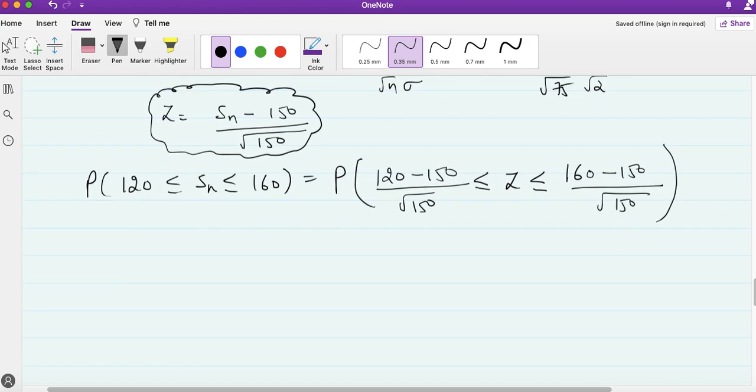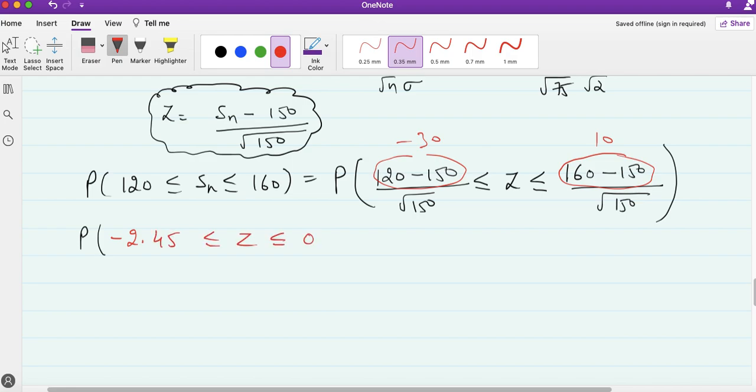When we simplify, 120 minus 150 will be minus 30, divided by root 150, and the other value will be 10 divided by root 150. When I divide minus 30 by root 150, I'll get this value as, let's say, minus 2.45, rounding to two decimal places, and the other is 0.82. You can check the values with the help of a calculator.